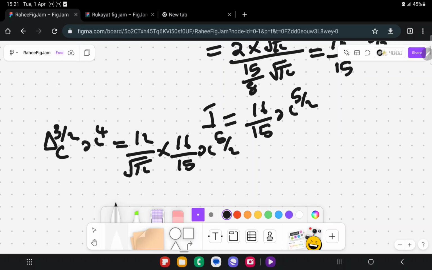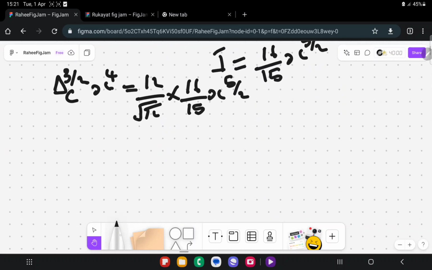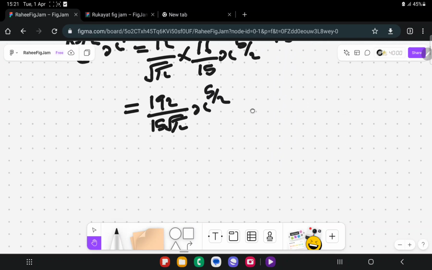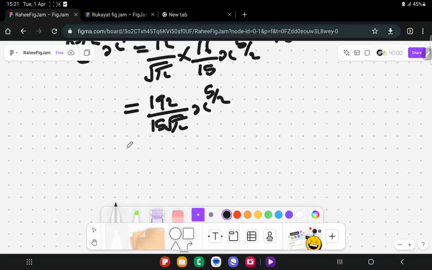Now if we multiply 12 by 16, I think it will give us 192 all over 15 into the square root of pi, then our x raised to power 5 all over 2. If we simplify further, 3 can go into this, so we get 64 all over 5 into the square root of pi, x raised to power 5 all over 2.